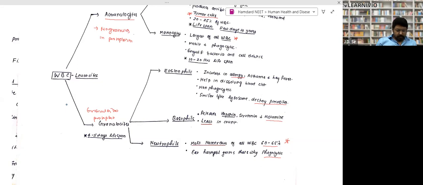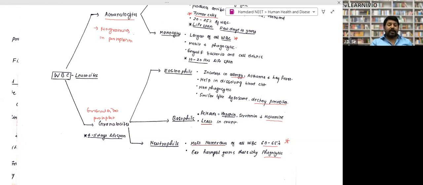Is it for allergies? That is histamine, which is written after heparin. Histamine is responsible for allergy. Come on, guys. This is responsible for blood clotting. Heparin is an anti-clotting agent. It does not allow blood to clot inside our body. Clear? Note it down.